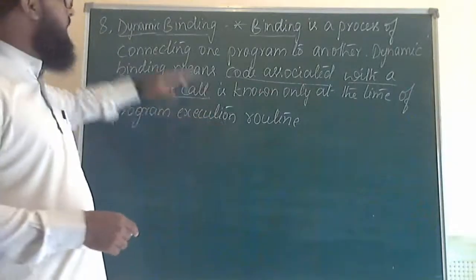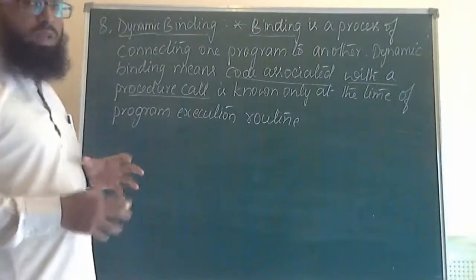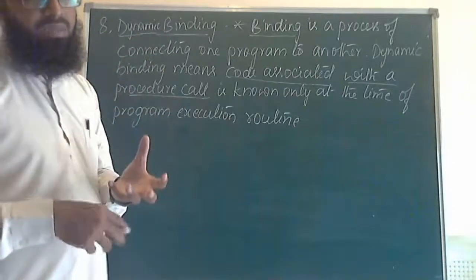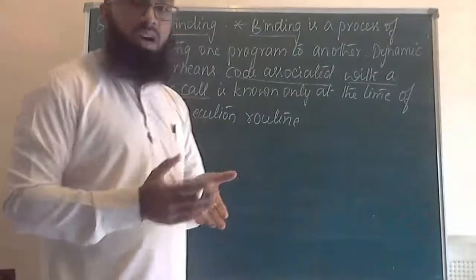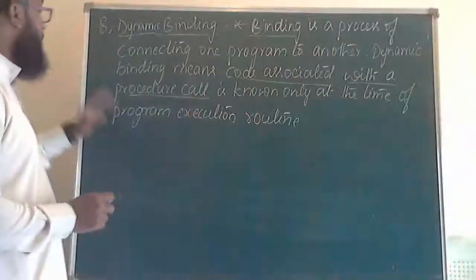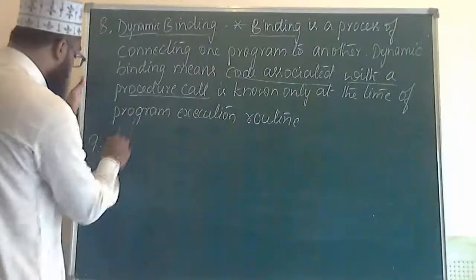This is called dynamic binding. Data binding means connecting one data item to another data item. Hope you have understood these things. And the last characteristic is message passing.